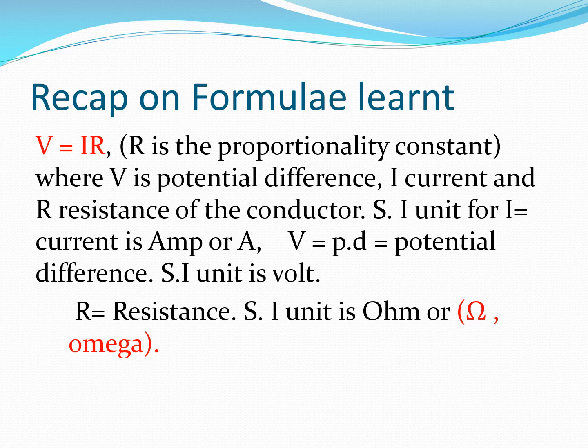And if the area of cross section is given in millimeter square or centimeter square, you need to convert it into square meter. Remember that the conversion is a must. And the unit for rho, the unit for resistivity, is ohm meter. So that we can start doing the numericals.